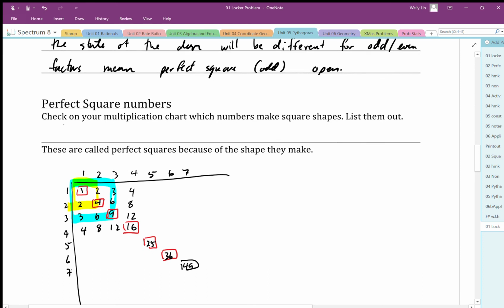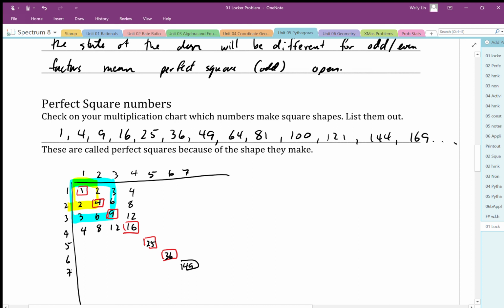So if we list them out, it's going to be 1, 4, 9, 16, 25, 36, 7 times 7, 8 times 8, 9 times 9, 10 times 10, 11 times 11, 12 times 12, and 13 times 13, and they keep on going.